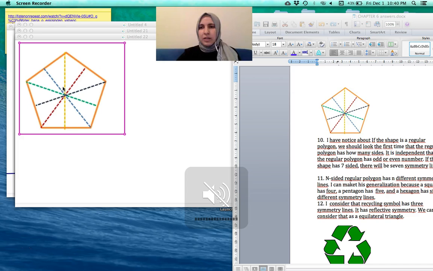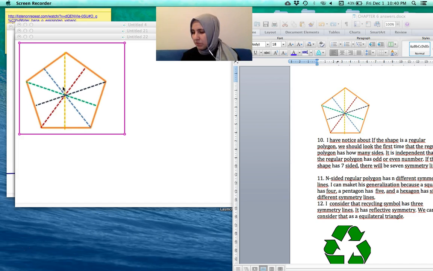It is independent of whether the regular polygon is odd or even. Like if this shape has 7 sides, there will be 7 symmetry lines. If the shape has 4 sides, there will be just 4 symmetry lines.